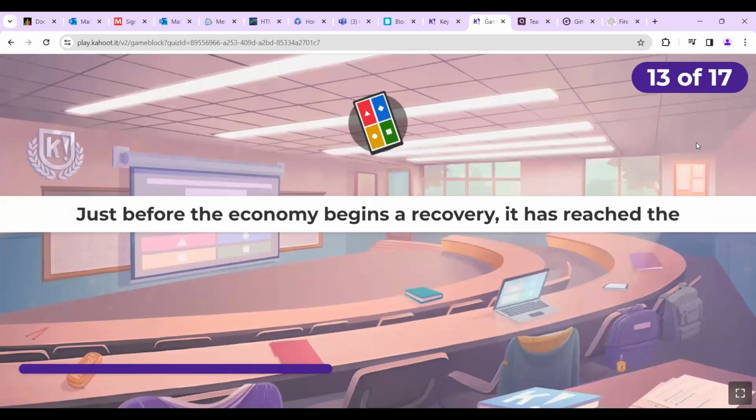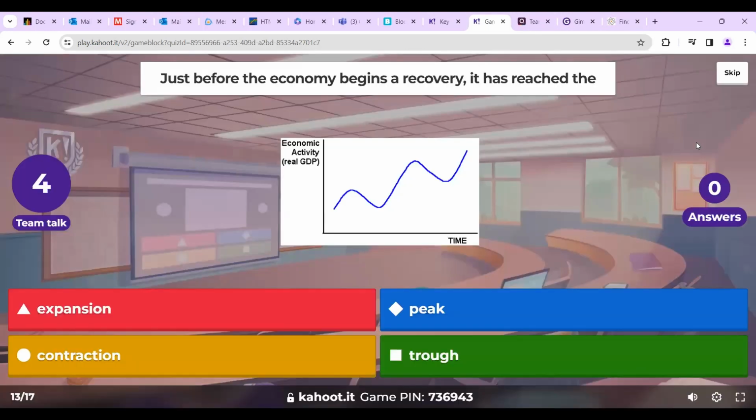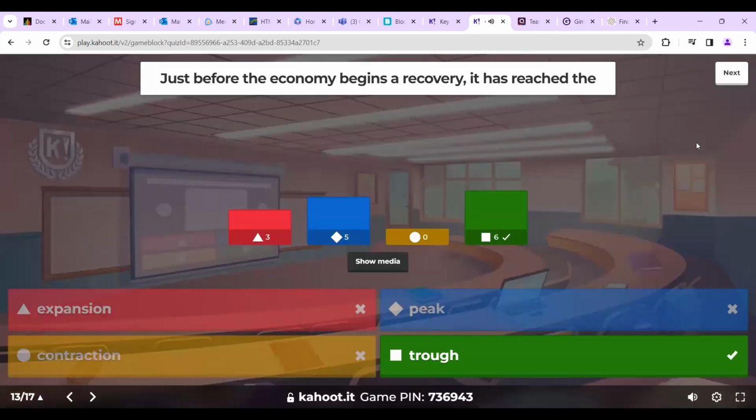Just before the economy begins a recovery, it has reached the what? Trough.